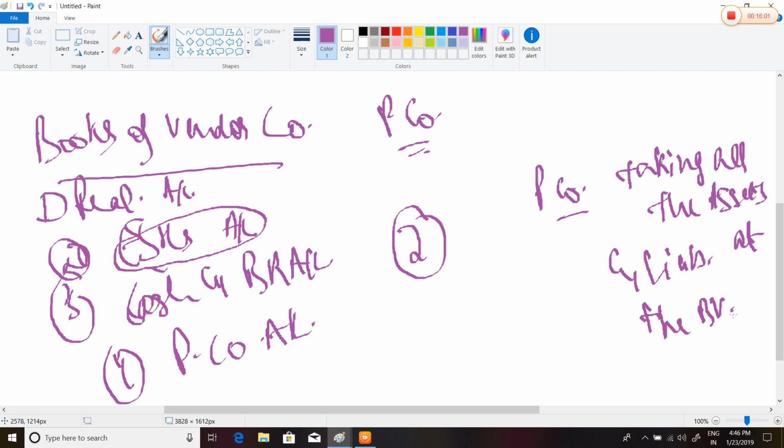Now let's start with the question. What is the difference between the net asset method and the purchase consideration method?